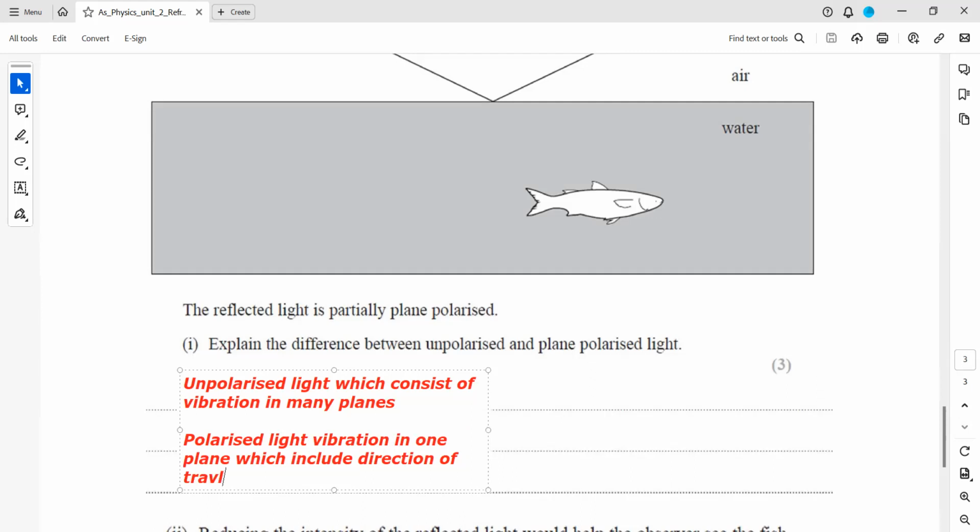So in the direction of travel it is also vibrating. So when you use the term plane, then this should be the definition.